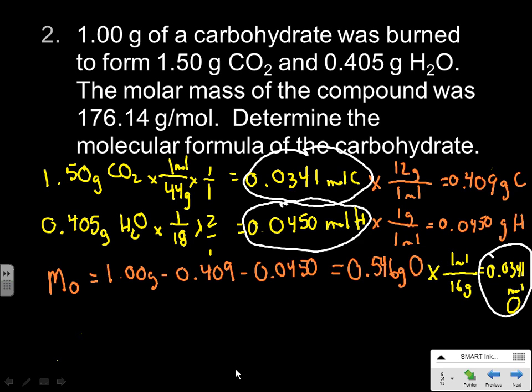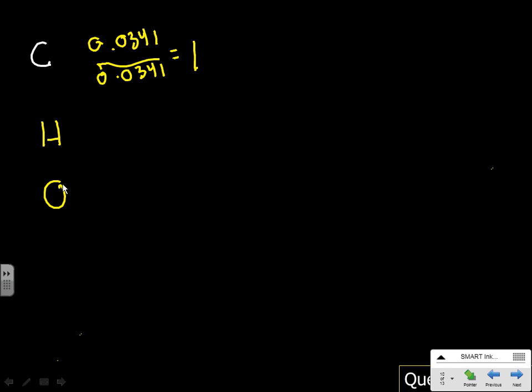I'm totally out of room, so I'm going to go to the other page. The smallest number appears to be 0.0341, and there's 2 of them. It looks like it's for carbon and oxygen. So for carbon, oops, I'd like to be in yellow again. That's okay. 0.0341 divided by 0.0341. Is that correct? And then we've got hydrogen, and oxygen was also 0.0341, wasn't it?